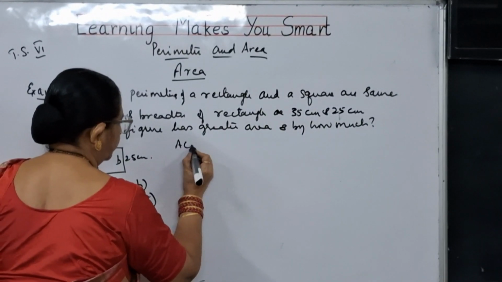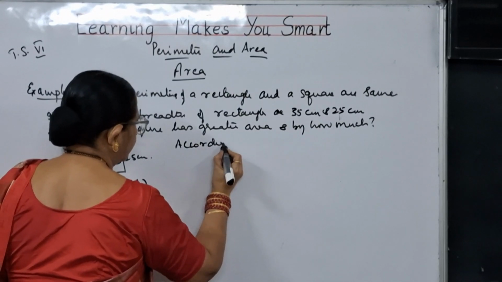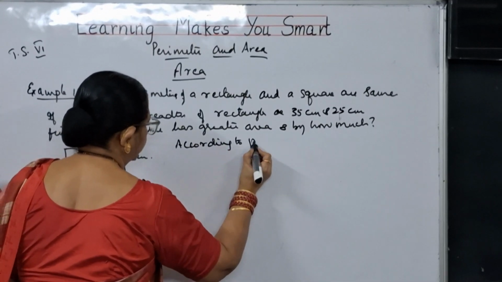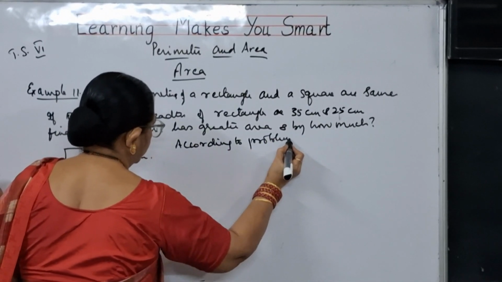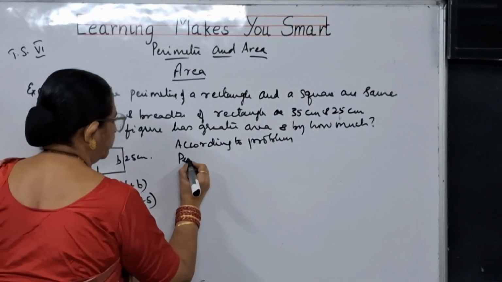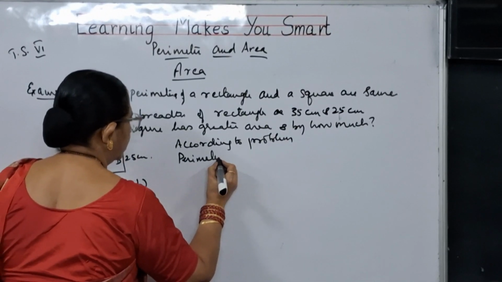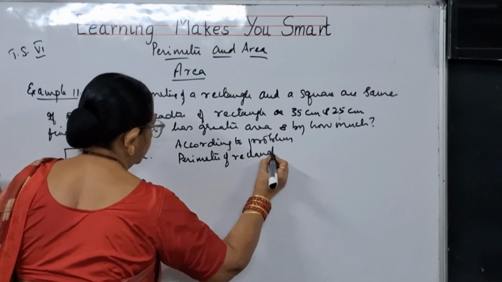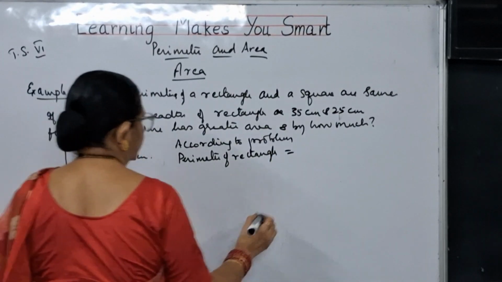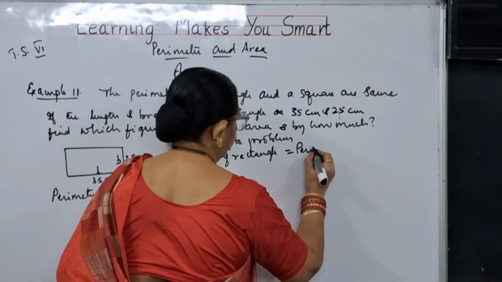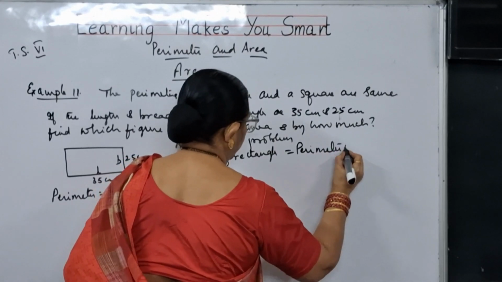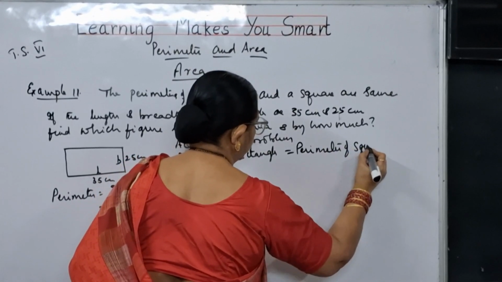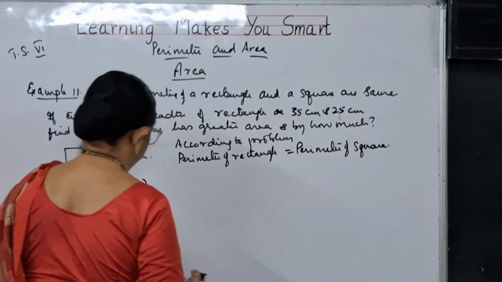What does the problem say? According to the problem, perimeter of rectangle is equal to perimeter of square. Both of them have the same perimeter.